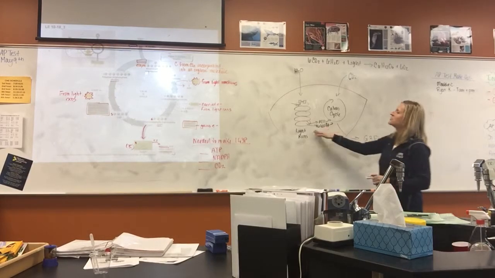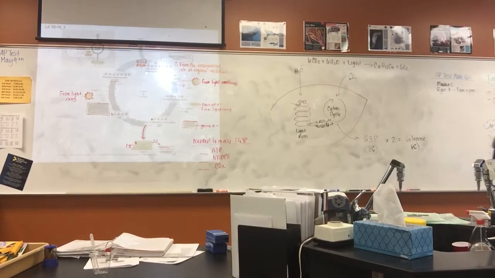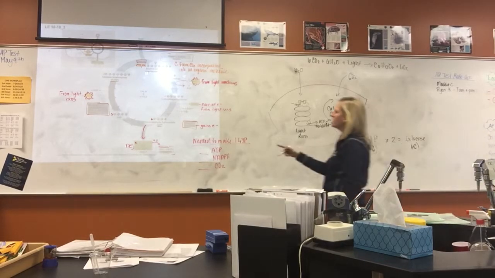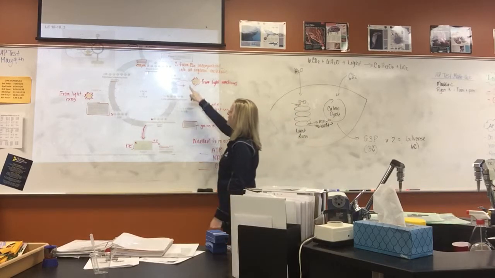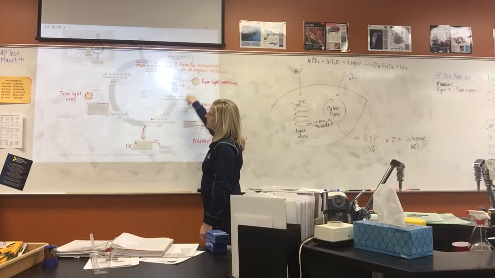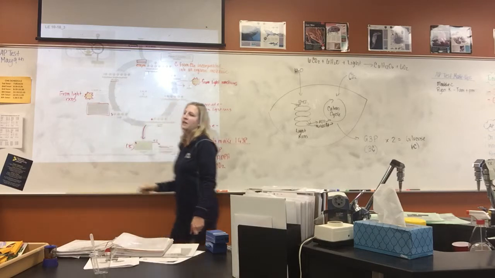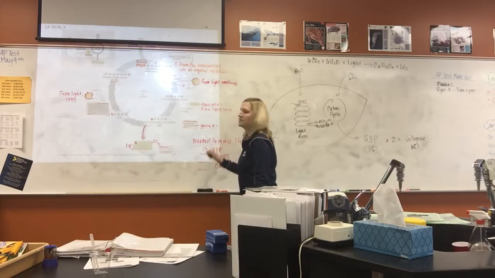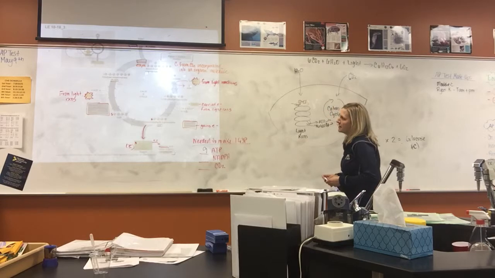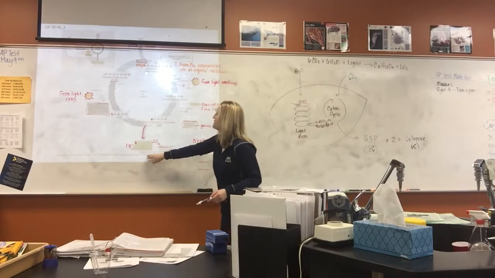So you should have for ATP, 6 ATP right here is used and 3 here. So that leaves us a total of 9 to make 1 G3P molecule.